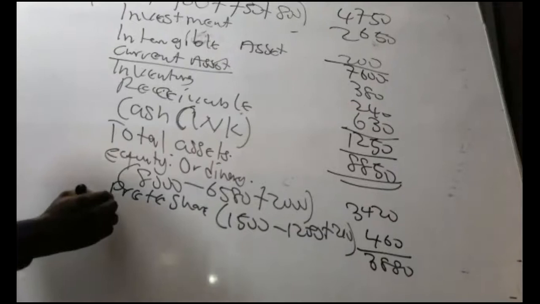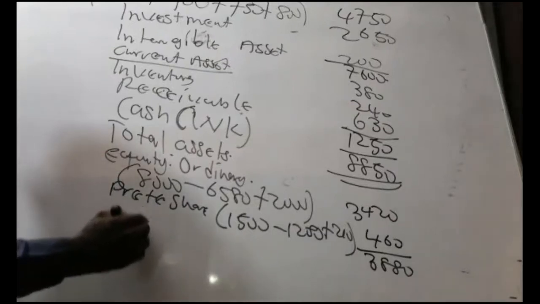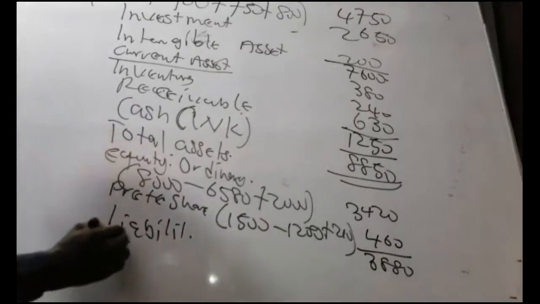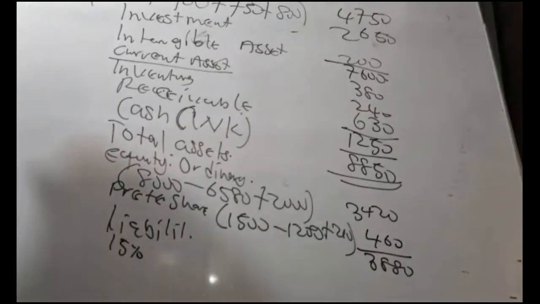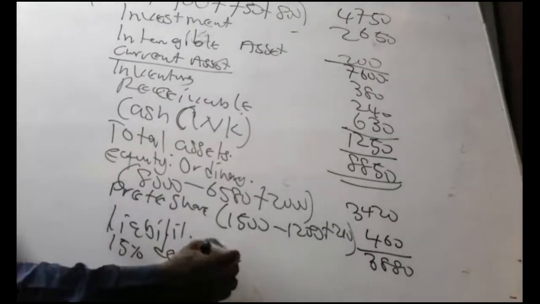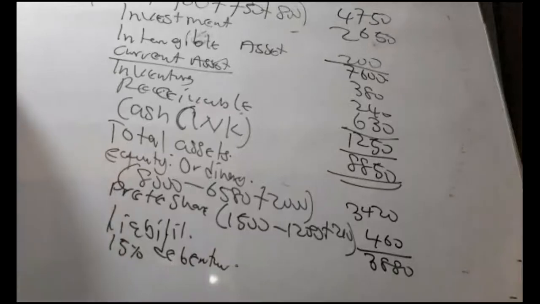What's the total liability? So liabilities. Then I'll not show any demarcation. List all the liabilities together. 15% debenture. What do you get? The 15% debenture is what? What's the figure?